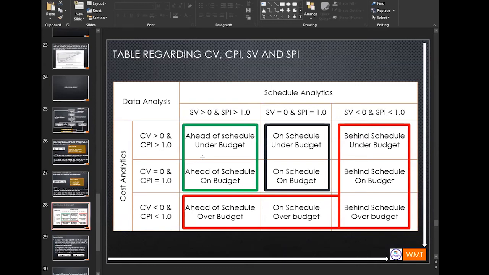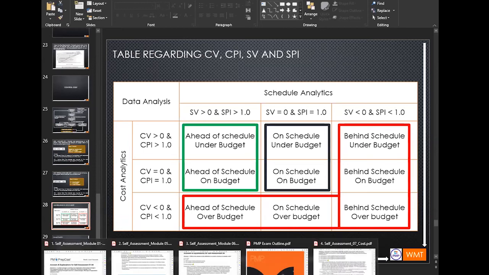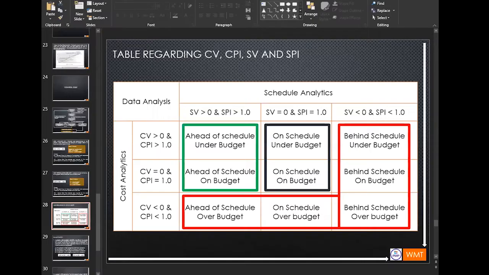Over budget dito. Kaya ahead of schedule, over budget yung answer niya. Dapat memorize din natin yun. Importante itong graph na to.